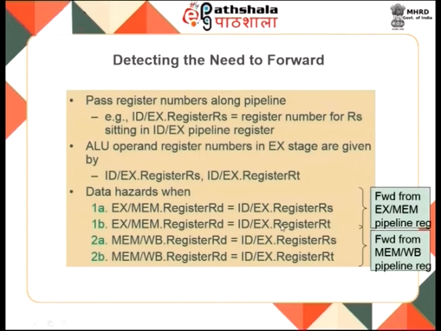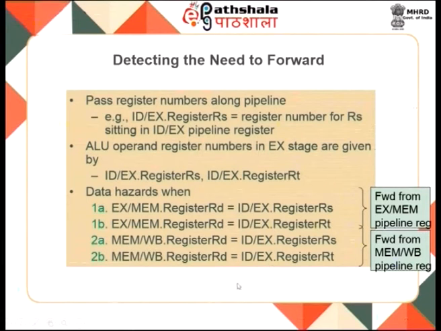Now when there is a dependence between the first instruction and the third instruction, the first instruction has already moved on to the MEM/WB buffer. So you will have to check whether the destination register there matches any of the source registers in your IDEX buffer.